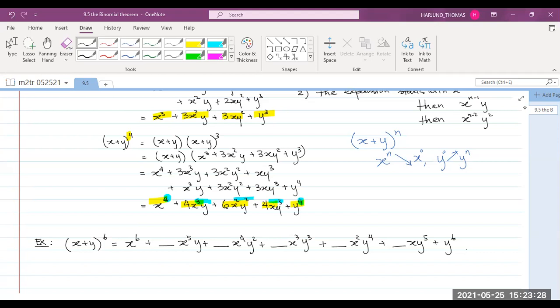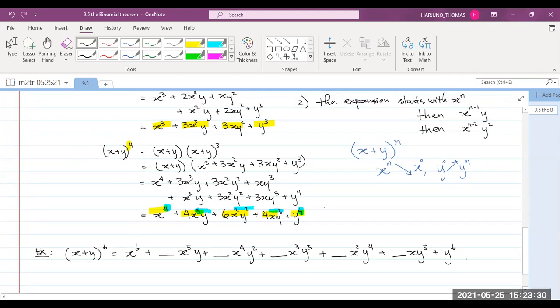Okay, now the third part is the coefficients of the terms will be obtained by two methods. First one, Pascal triangle.